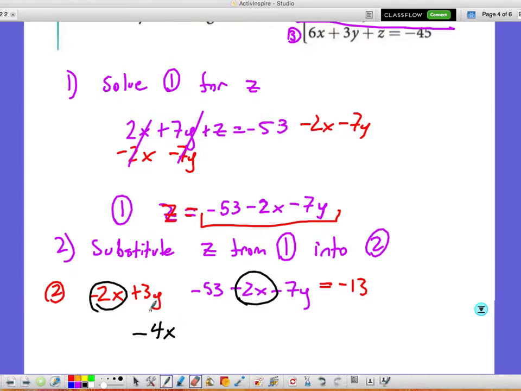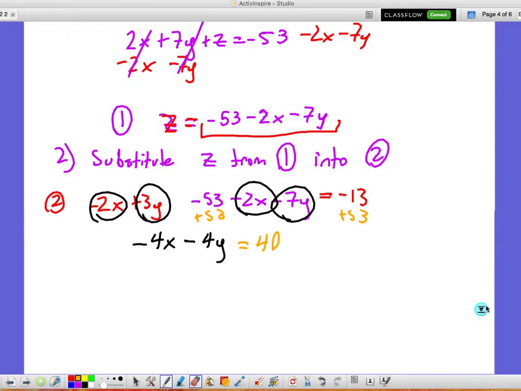Then I have plus 3y minus 7y, which gives me minus 4y. Then I add 53 to both sides, and negative 13 plus 53 is 40. So this is the second equation now.